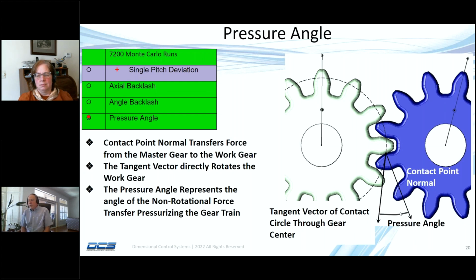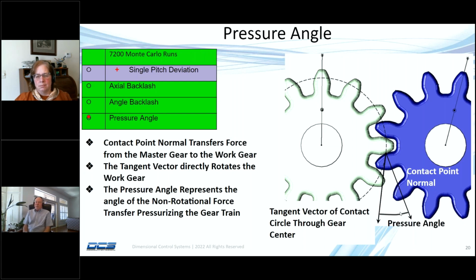The other vector is pushing the gears apart and transmitting force to the bearings and bearing force to the housing or to the axles, to the housings, and pressurizing the whole system. And until those equalize, a lot of the force is used to pressurize the gear system.